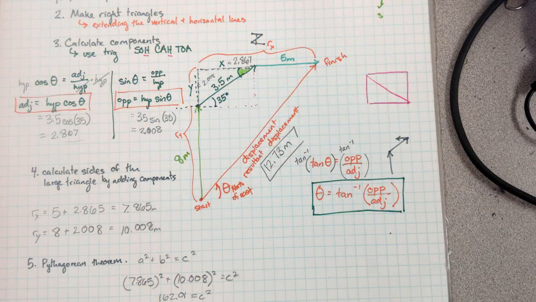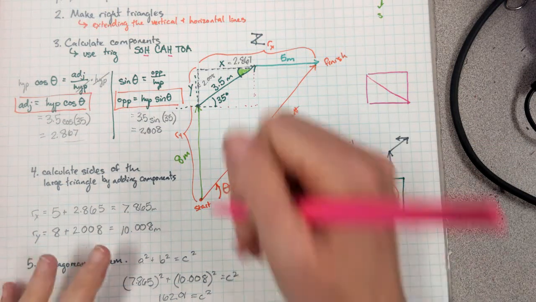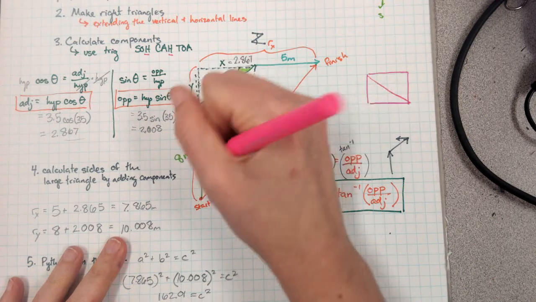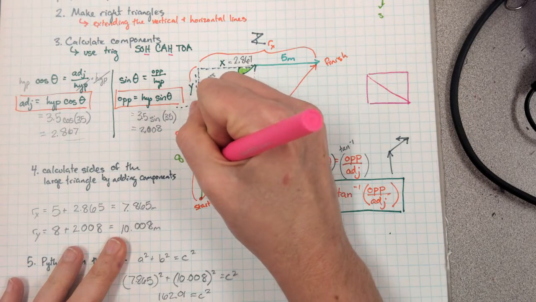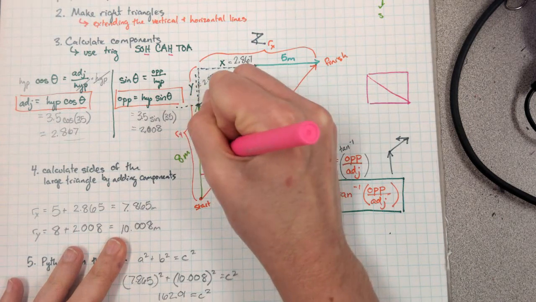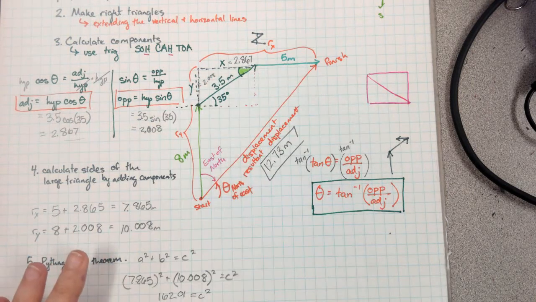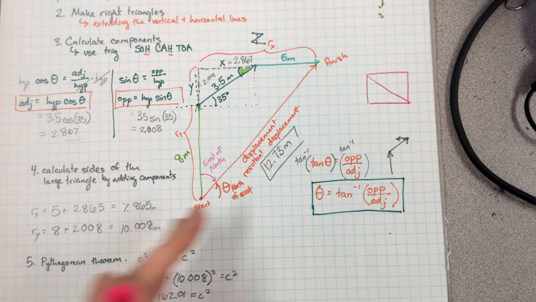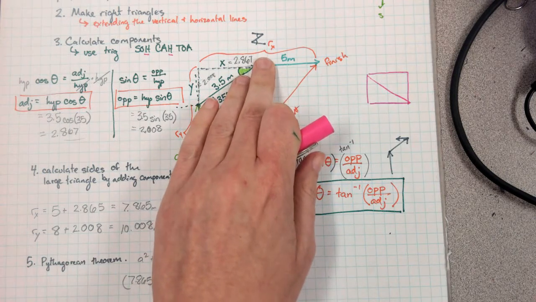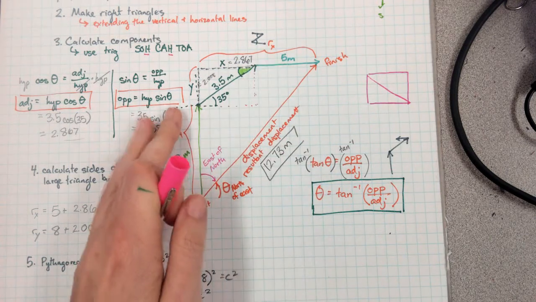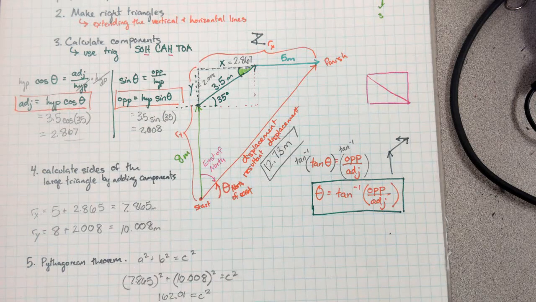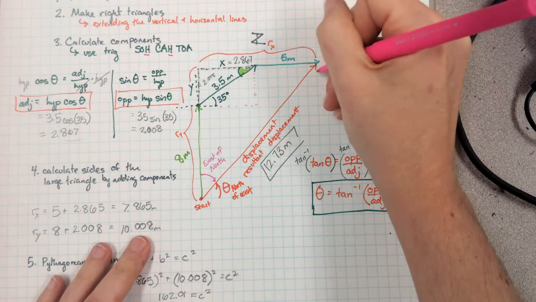We can also measure his displacement from this angle east of north. And it just depends on which side we're picking to be our opposite side and which side is our adjacent side. And both are correct. Both can be correct.